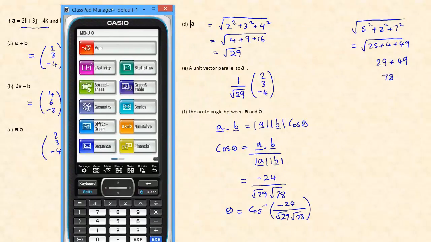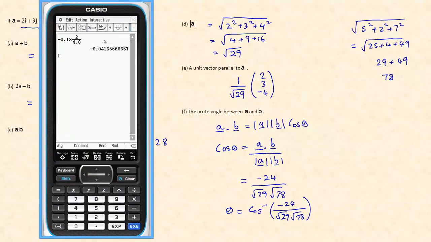So we might need the calculator for this. And let's make sure we're in degree mode. Let's just clear anything we've got.